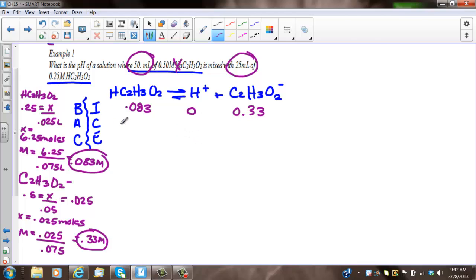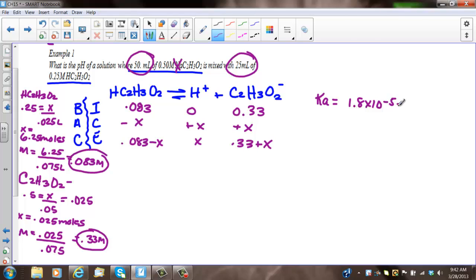So this is going to be minus X, this is going to be plus X, plus X. This is going to be 0.083 minus X, X, 0.33 plus X. So, using my Ka value, my Ka of acetic acid, as I told you earlier, is 1.8 times 10 to the minus 5.